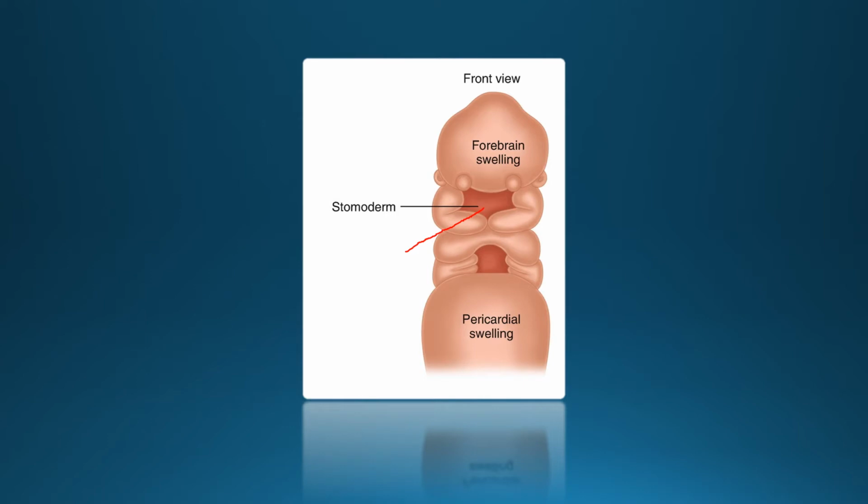Towards the cephalic end the forebrain vesicle is there, and towards the caudal end the mandibular arch is there. So the development of the face occurs as cells from the forebrain vesicle and from the mandibular arch proliferate. How this process occurs, we will see.